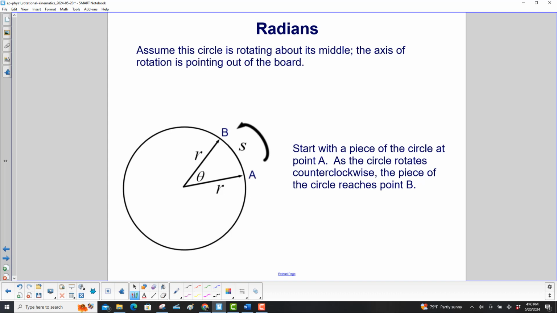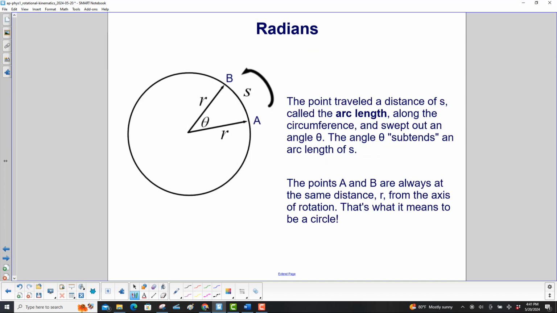Assume this circle is rotating about its middle, right over here. The axis of rotation is pointing out of the board. Start with the piece of the circle at point A. As the circle rotates counterclockwise, the piece of that circle reaches point B. The point traveled a distance of S, called the arc length, along the circumference, and swept out an angle theta, right here.